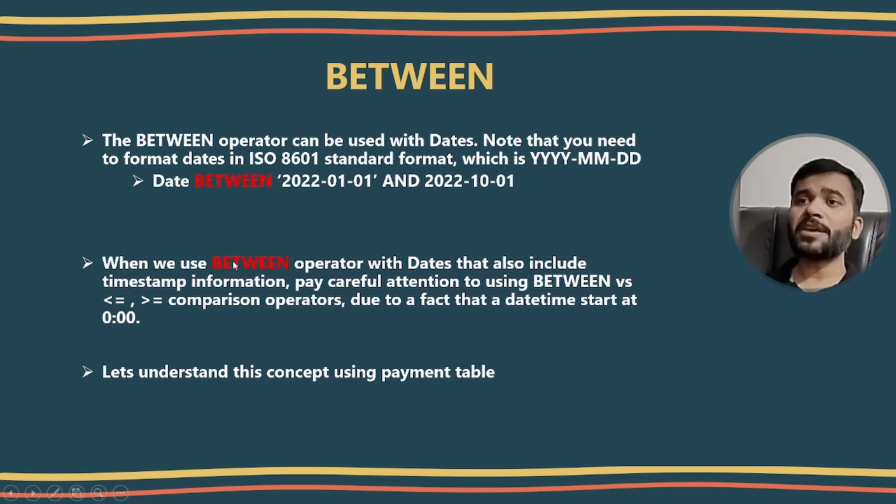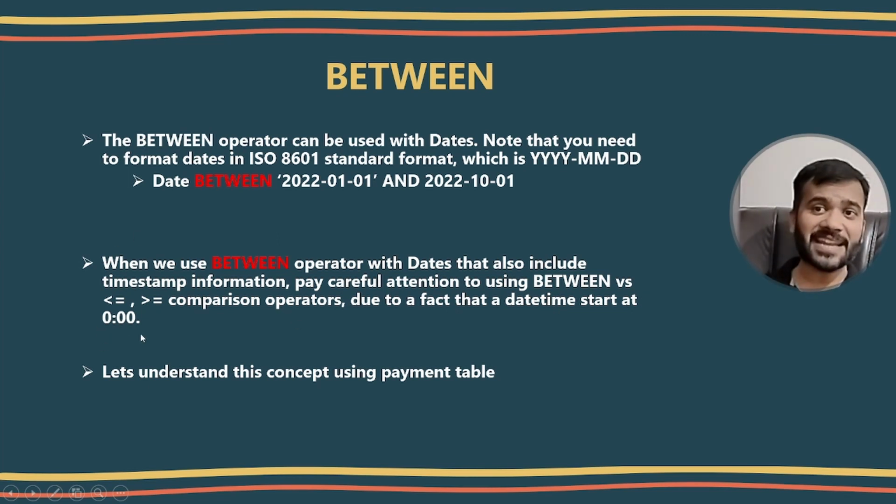Okay. When we use the BETWEEN operator with a date that also includes timestamp information, pay careful attention to using BETWEEN versus less than or equal to and greater than or equal to comparison operators, due to the fact that a date time starts at 00.